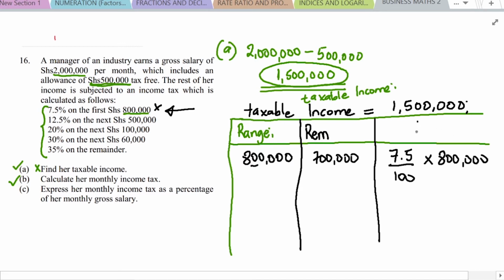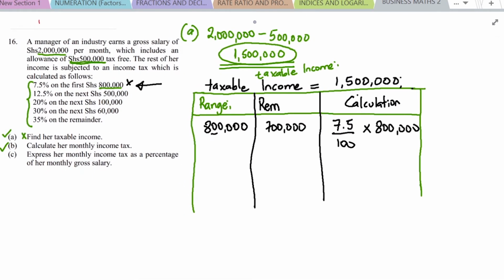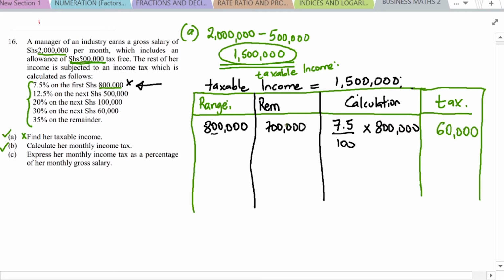This is the tax calculation. And so when we subject it to that calculation, what do we end up with? We shall end up with the actual final tax, and the actual tax, 7.5 over 100 times 800,000, we shall end up with 60,000. So that's the tax. So remember here we end up with 700,000 is what remains.